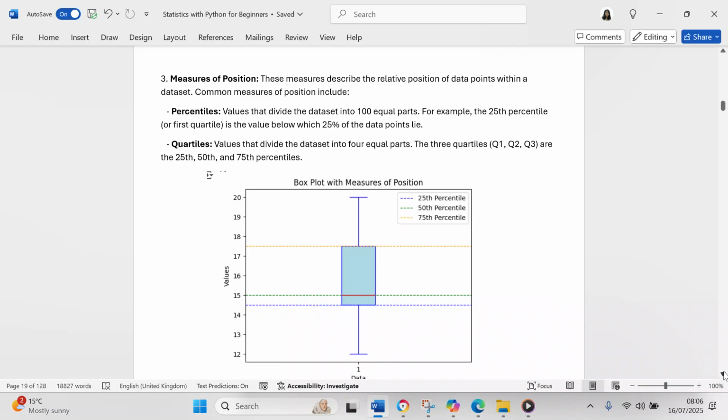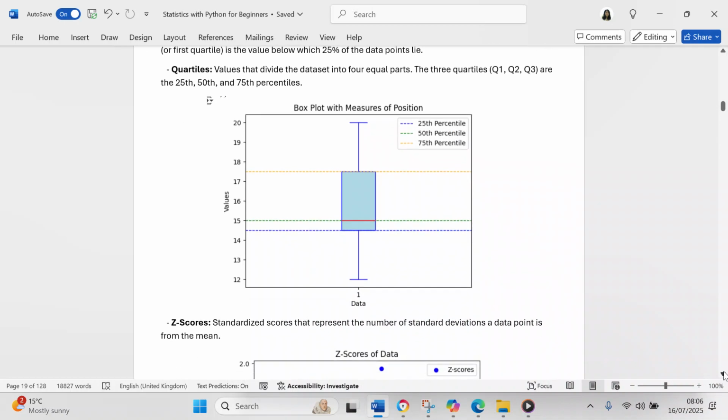For example, the 25th percentile or first quartile is the value below which 25% of the data points lie. And then you have your quartiles, which are similar to percentiles, except they just deal with the quarters. Values that divide the data set into 4 equal parts, being Q1, Q2, Q3, are the 25th, 50th, and 75th percentiles.